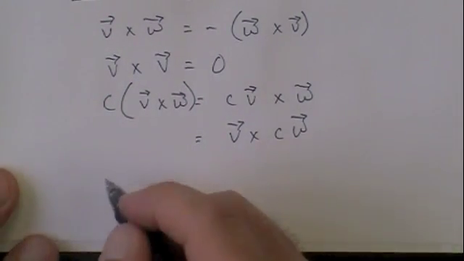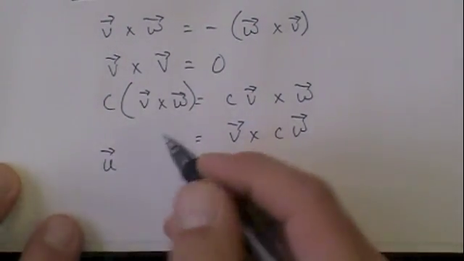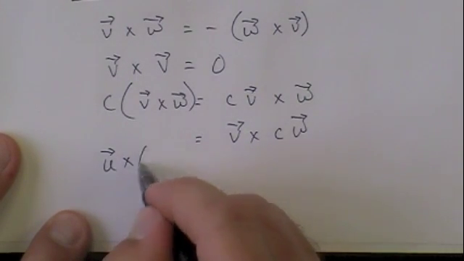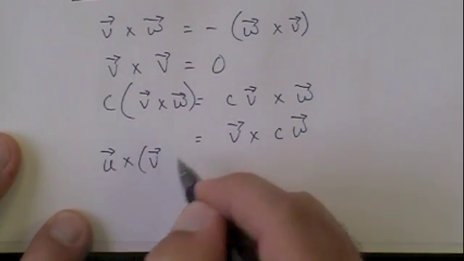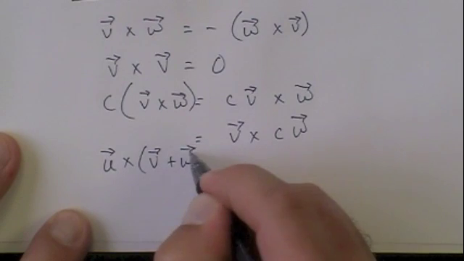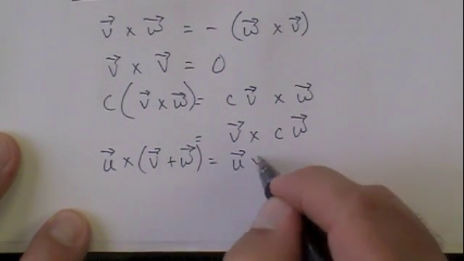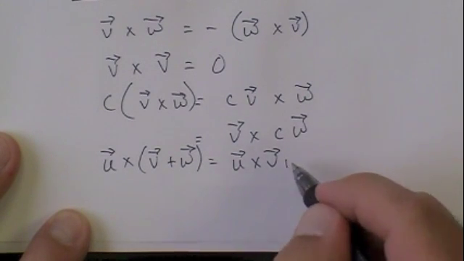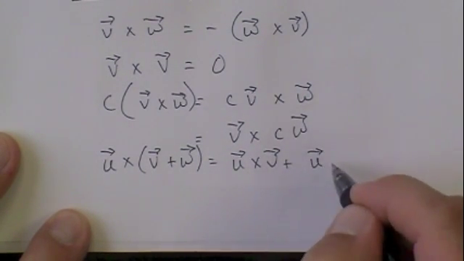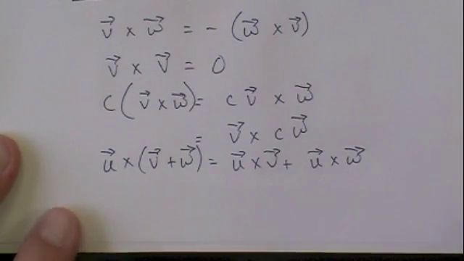And if we have 3 vectors, vector u, and we take the cross product with the sum of vector v and vector w, we can take the cross product between u and v plus the cross product between u and w.